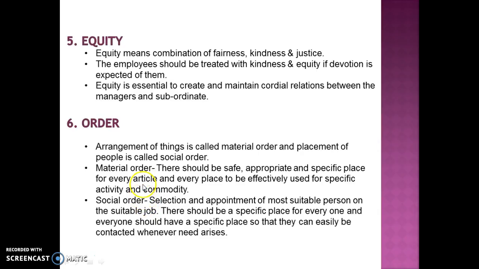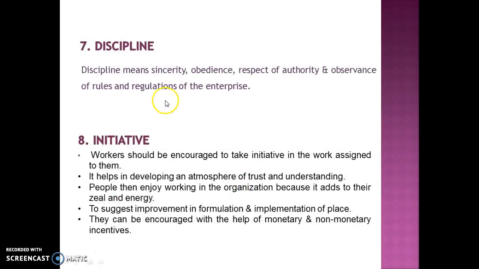Next one, order. Arrangement of things is material order, and placement of people is called social order. One is the material order and the other is the social order. And the next is discipline. Discipline means sincerity, obedience, respect of authority and observance of rules and regulations of the enterprise.